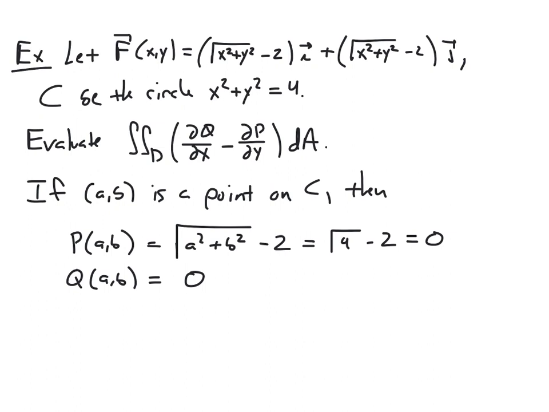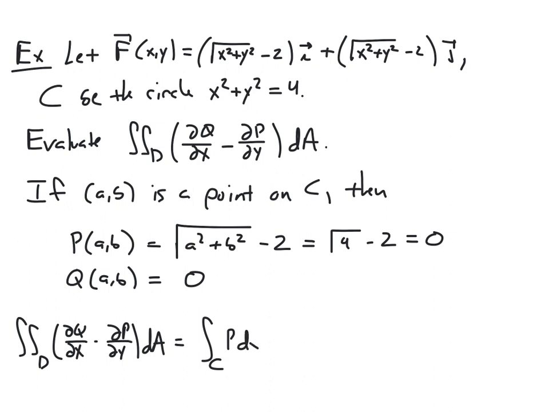Right? And so Green's theorem in this particular case tells us that the integral that we want, the integral over D of del Q del x minus del P del y, is equal to the line integral over the circle x squared plus y squared equals 4, which we called C, of the function P dx plus Q dy. Right?